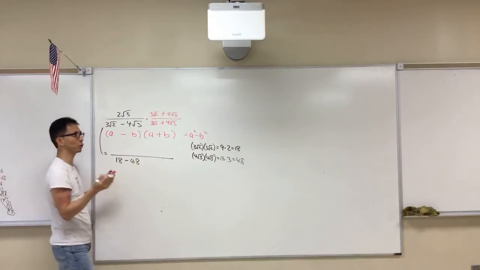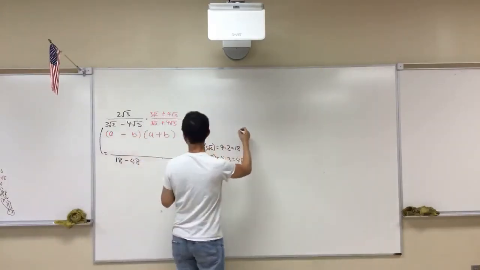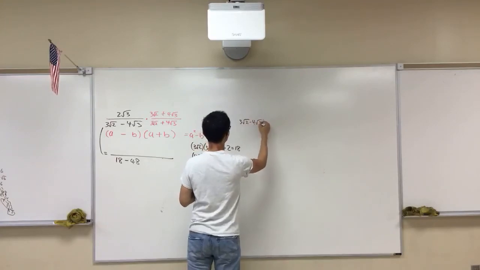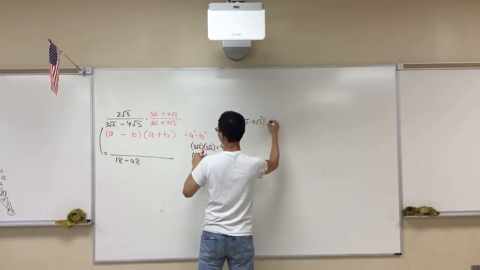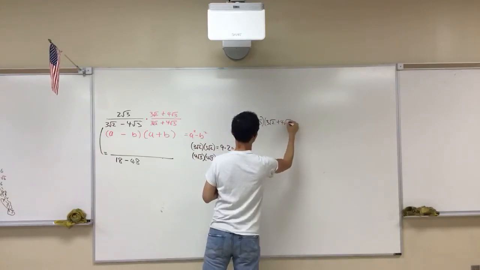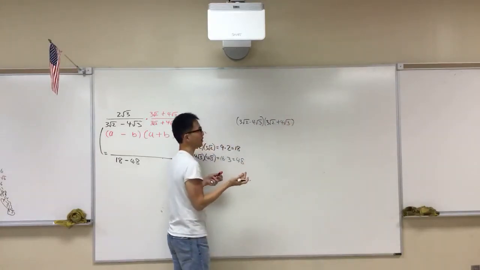Now imagine you were to do a harder one. You would just do 3 square root of 2 minus 4 square root of 3, and you're being not smart. That's possible because sometimes we don't think about things.